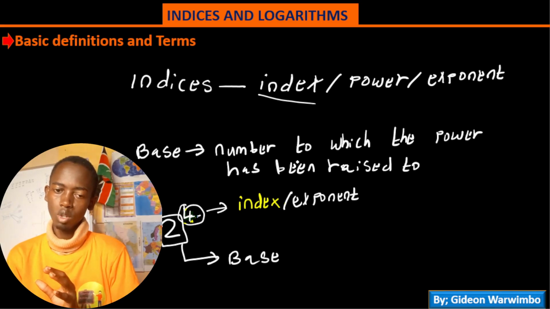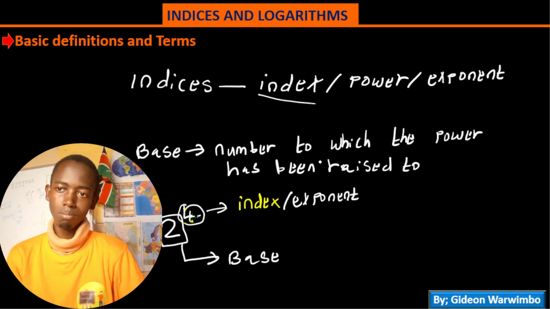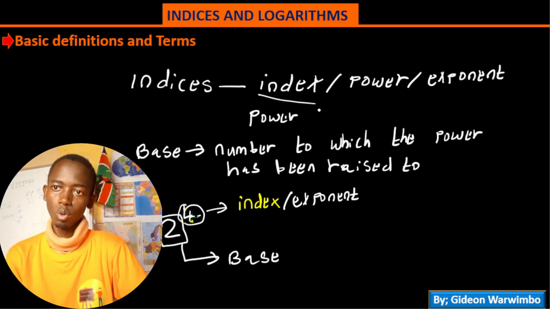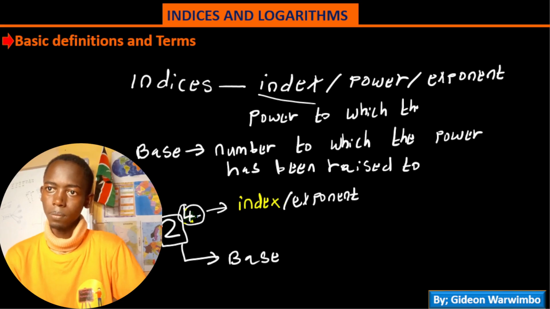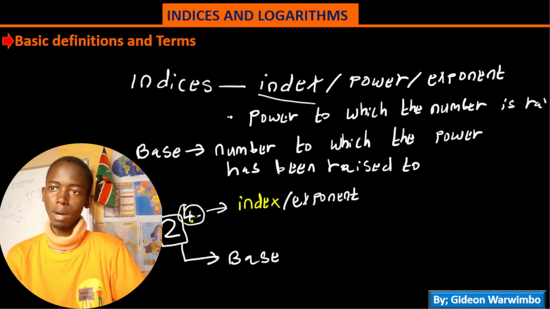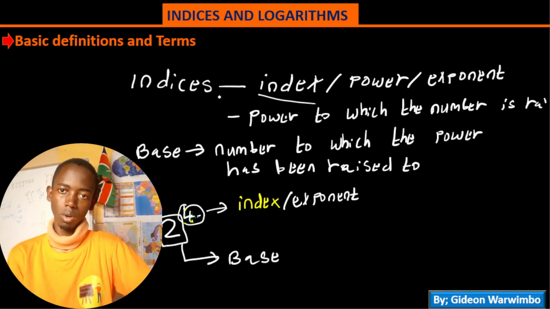That is the number to which the power has been raised. And now we have the index, the exponent. The exponent is the power to which the number is raised. That is the power to which the number has been raised. That is what we call the index or the exponent.